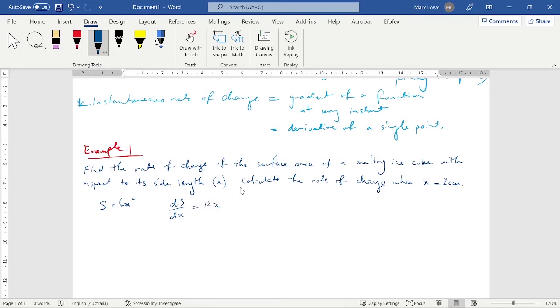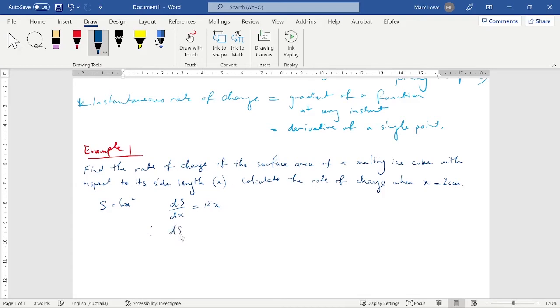However, when we're talking about rate of change, the direction of change is important. It's a melting ice cube, so obviously it's not going to be growing. It's going to be reducing in size, and its surface area is going to be reducing.